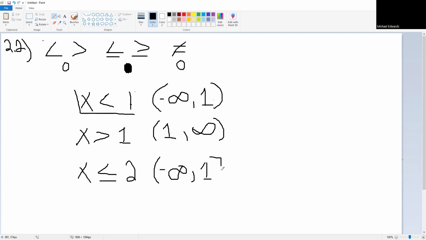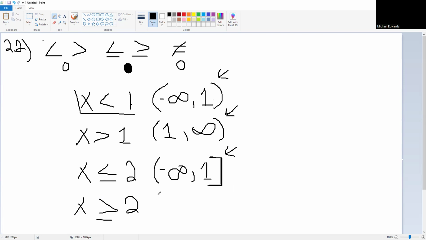But this time we put a different bracket here because this is less than or equal to. Remember how we use this closed dot to show that? We're also going to use this bracket to show that when we're doing interval notation. That's what these are, interval notations.